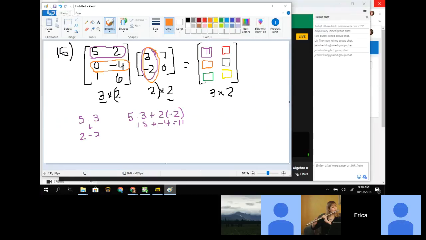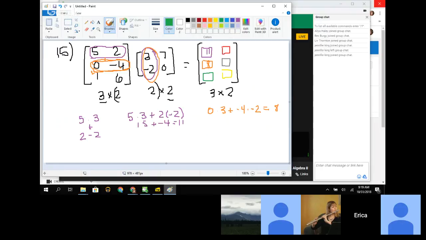So it's going to be 0 times 3 plus -4 times -2. You take this guy here and flip it sideways and do the multiplication. So you end up with 0 plus 8, which is 8.